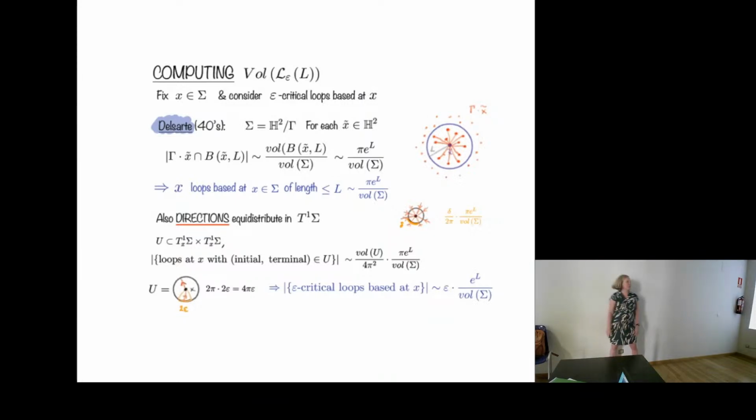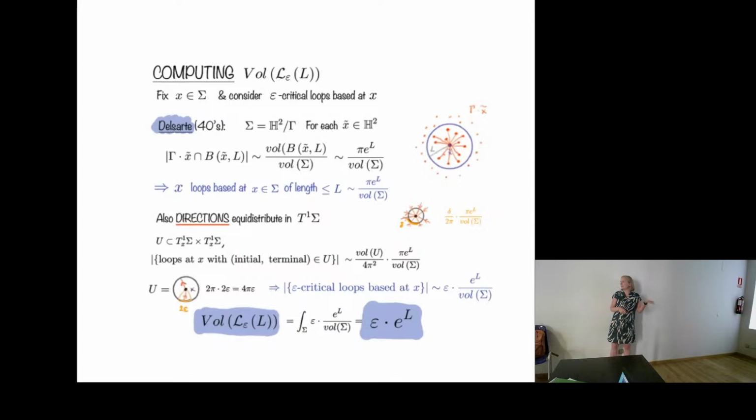What we want to compute is this, but what we computed is the epsilon critical loops based at one point. So we vary the point, integrate over the surface, and we get epsilon e^L. So this is the volume of this, and now we want the volume of each connected component of this, and then divide.